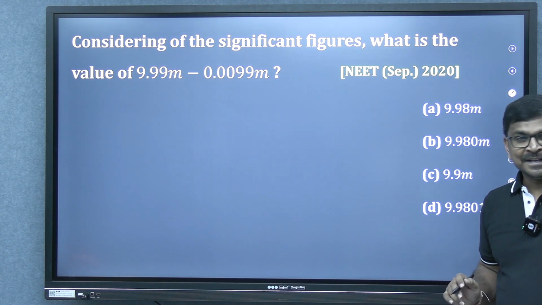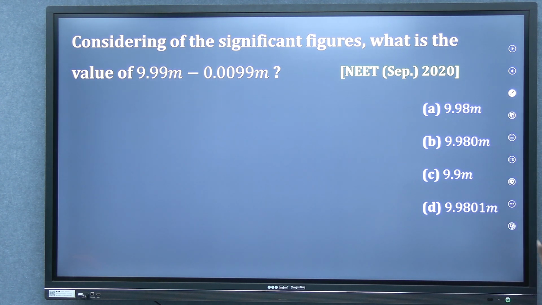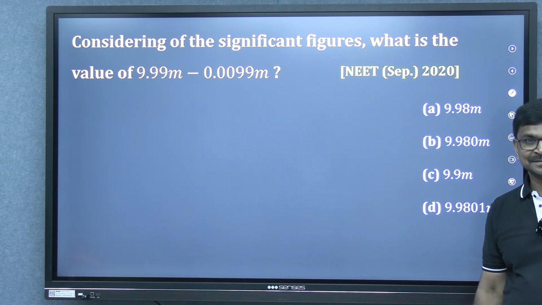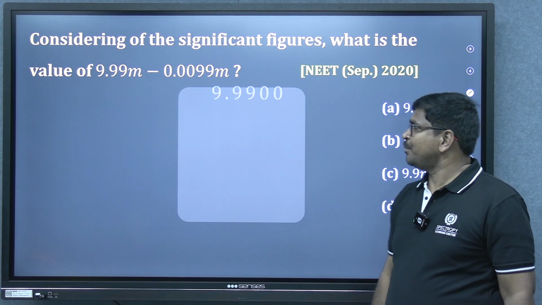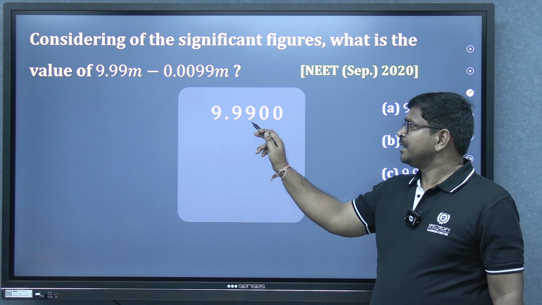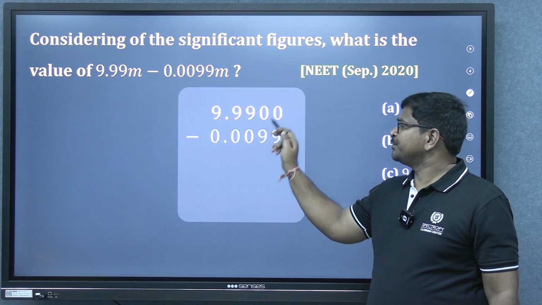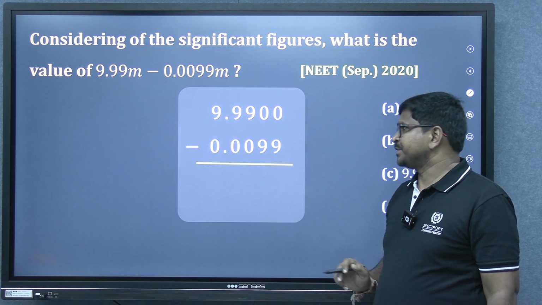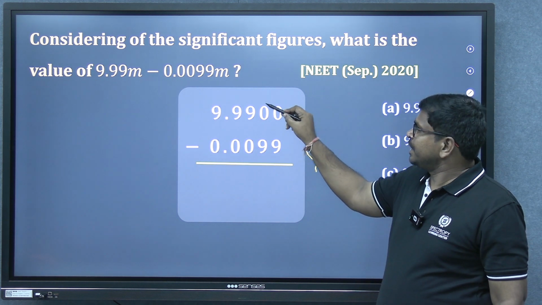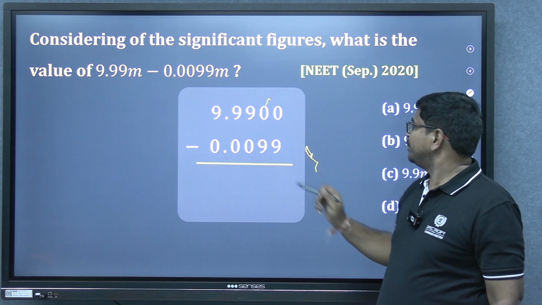This question was asked in the NEET exam in 2020, the Corona year. Now let me take the subtraction which is given, 9.99. We will keep this 0 just for convenience. While doing the subtraction, we will take borrowing.